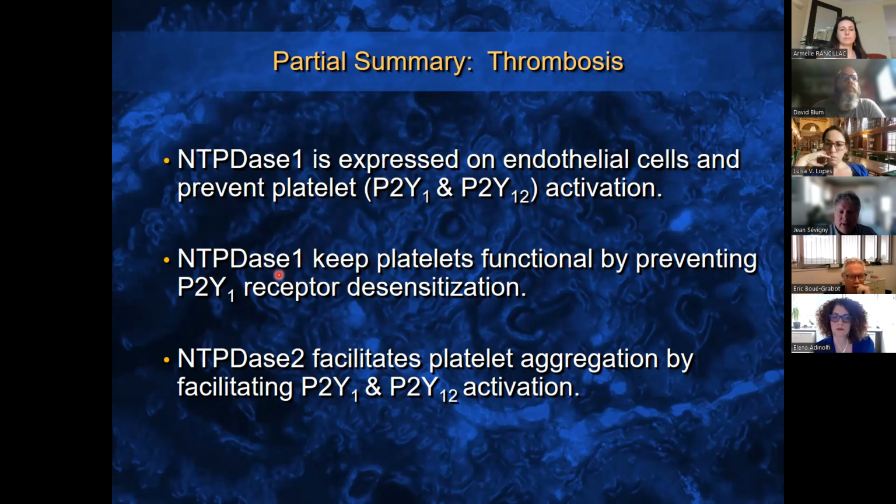At the same time, it is also important to keep the platelet functioning well by preventing P2Y1 receptor desensitization. Then you have a third way to regulate P2 receptor activation: NTPDase2 will, in contrast, facilitate platelet aggregation by facilitating the presence of ADP that will activate P2Y1 and P2Y12.